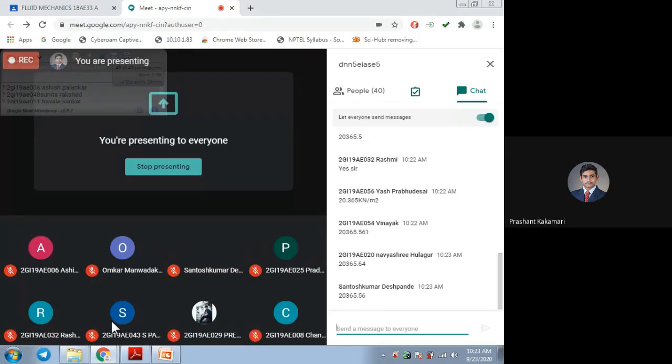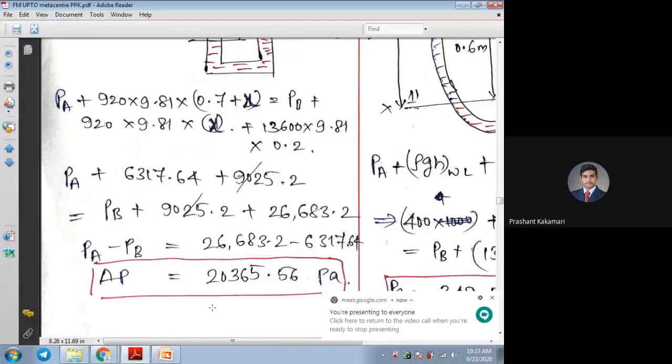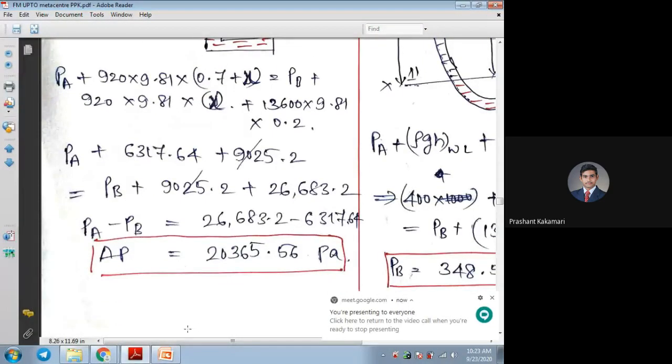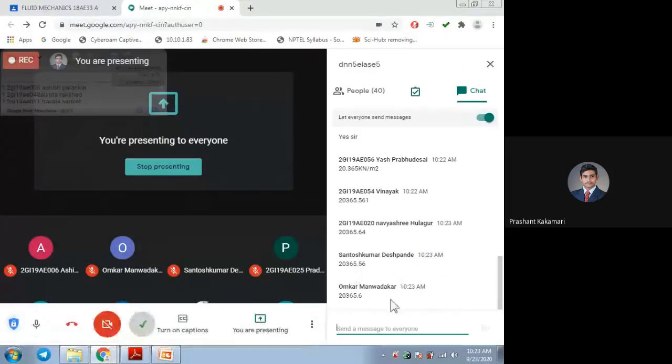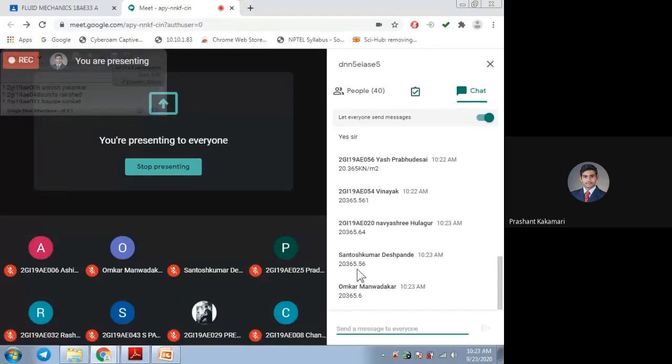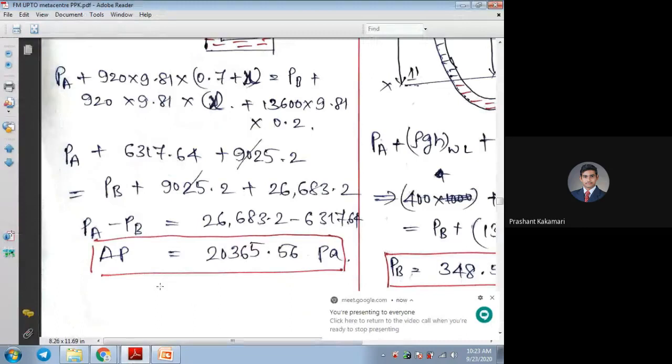One more answer is 0.64. Okay, 0.56, 0.64. Whatever value you get, you just write it. 20365. Okay. So after the decimal point, there is some value difference, not an issue. Before the decimal, if any issue is there, we'll correct it in the notes here.